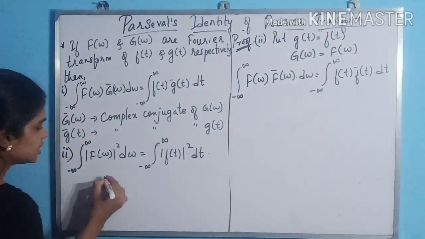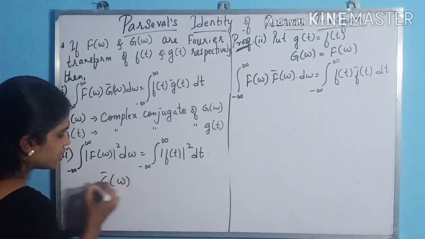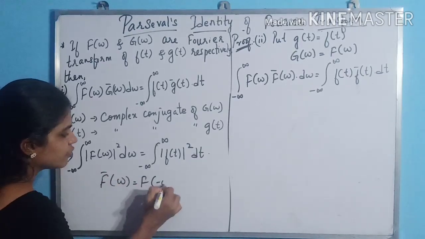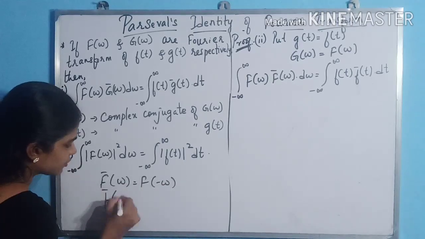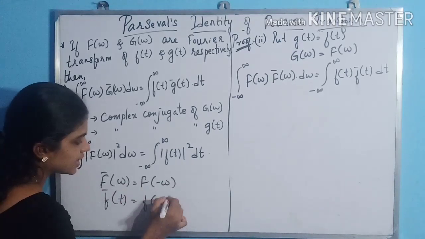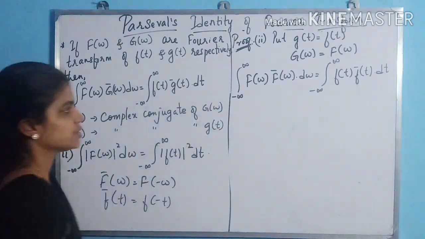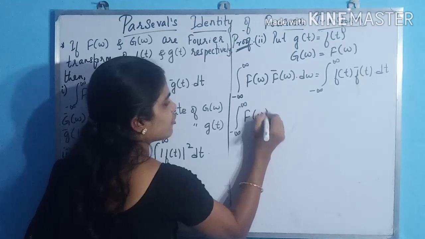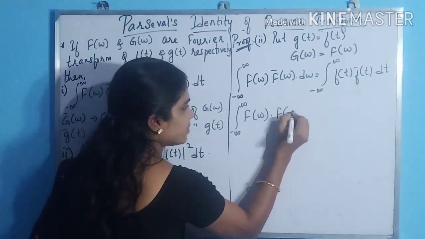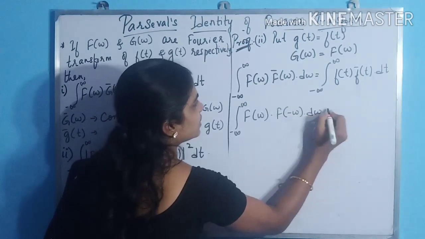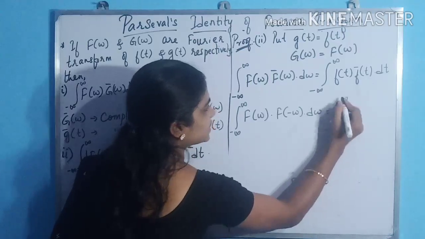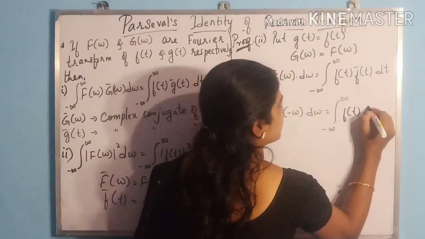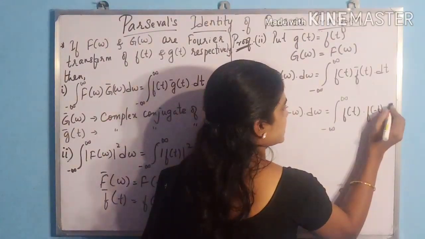As I told you, G bar of omega or F bar of omega is nothing but F of minus omega. So f bar of t will also be equal to f of minus t. So I'm going to just substitute it there. So it's going to be the integral from minus infinity to plus infinity of F of omega into F of minus omega d omega, which is equal to the integration from minus infinity to plus infinity of f of t, f of minus t dt.